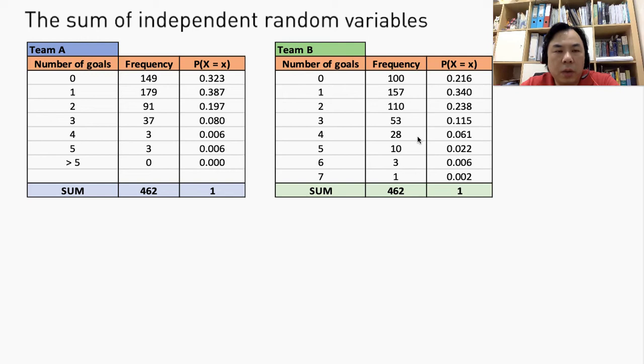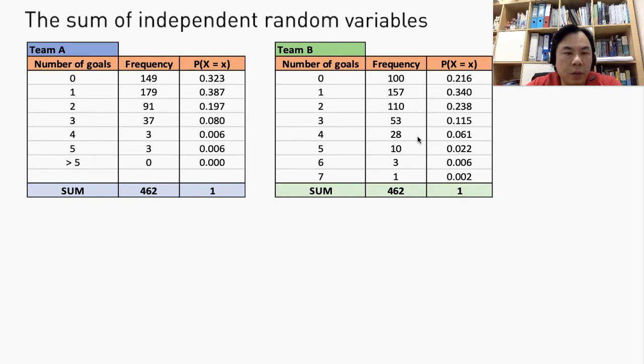Now, you have seen the result of the performance of a certain football team throughout the season. And then you have also seen the result of the performance of Team B over the same season.